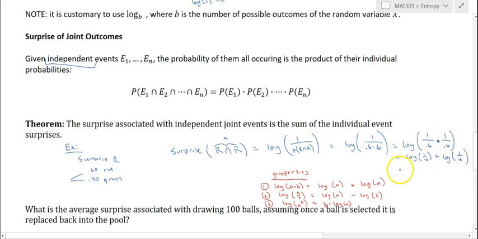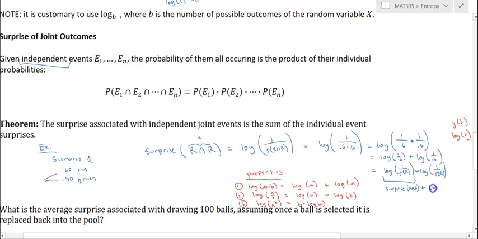And we see that this is just the log of 1 over the probability of red plus the log of 1 over the probability of red. Hopefully now you can see that it's exactly what we're stating in our theorem. The surprise associated with independent joint events is the sum of the individual surprises. Because this is the surprise associated with drawing a red, plus this other term is, again, the surprise of drawing a red.